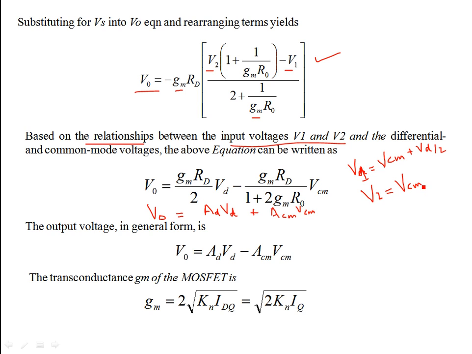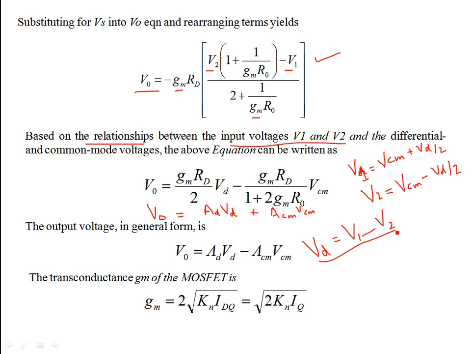The differential voltage is still defined as V1 minus V2, the difference between the two gate voltages. You take the difference, the common mode cancels, and you're left with VD, the differential voltage.